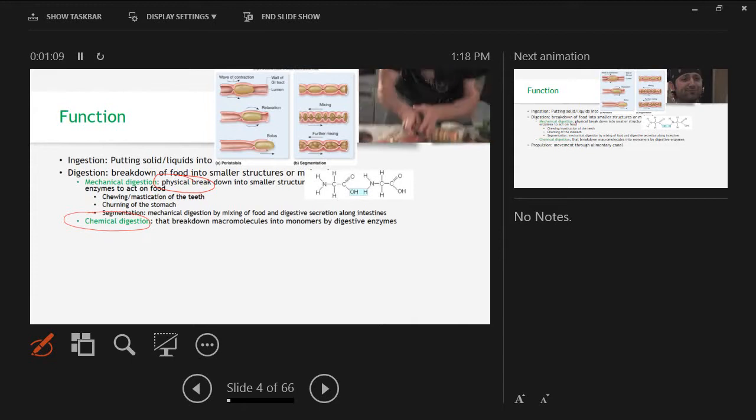And these are different types of mechanical digestion that you'll need to know. The thing that you might not know too much is segmentation. For those of you who have lab already, remember we have an inner circular muscularis externa. When that inner circular layer contracts, it's going to close off the tube, right?